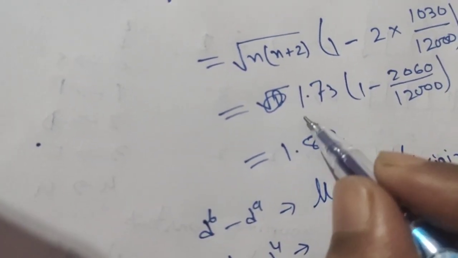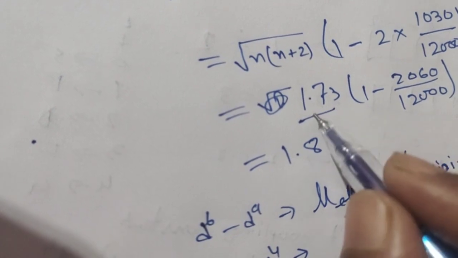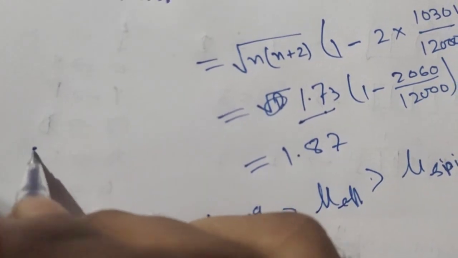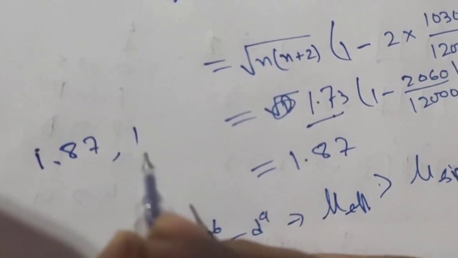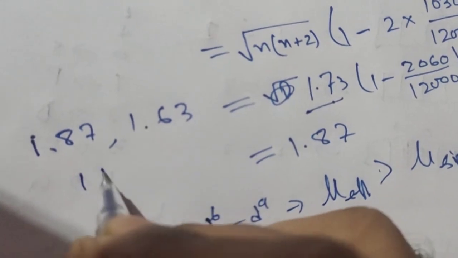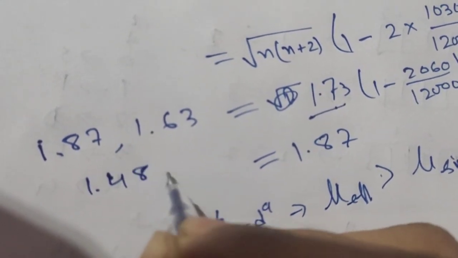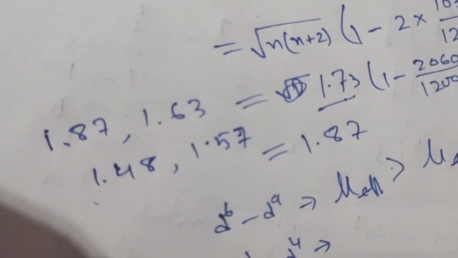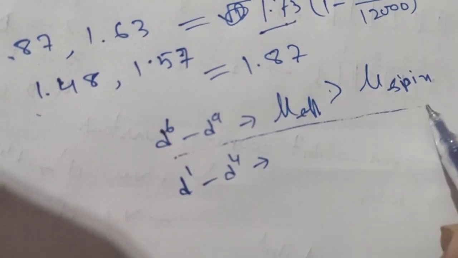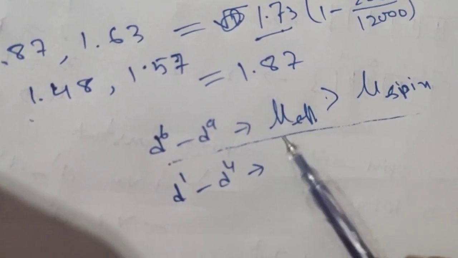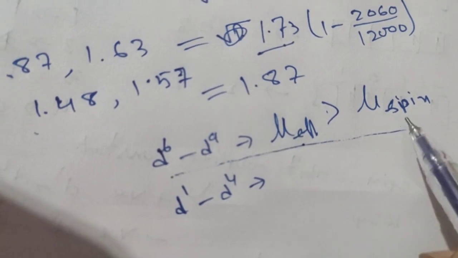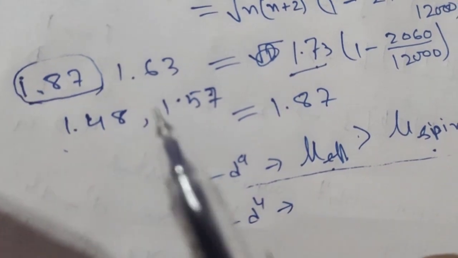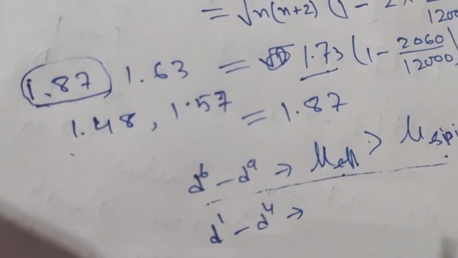After looking at the unpaired electrons, you know the mu spin only is 1.73, and if the options are 1.87, 1.63, 1.48 or 1.57, and you remember that for d6 to d9 with orbital contribution the mu effective will be more than spin only, you can easily say without calculation what the answer is, and convincingly.